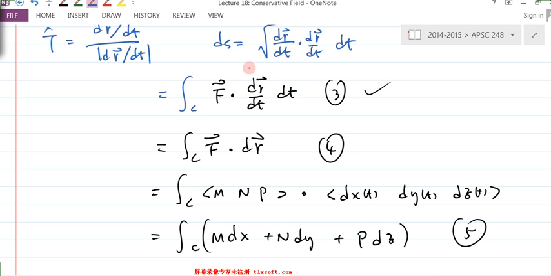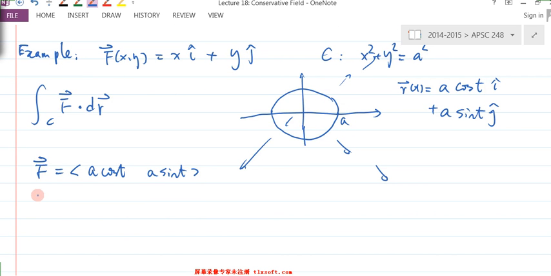So all I need is dr over dt, which is pretty easy: negative a sine t, and a cosine t. That's the time to plug in and do the integration.